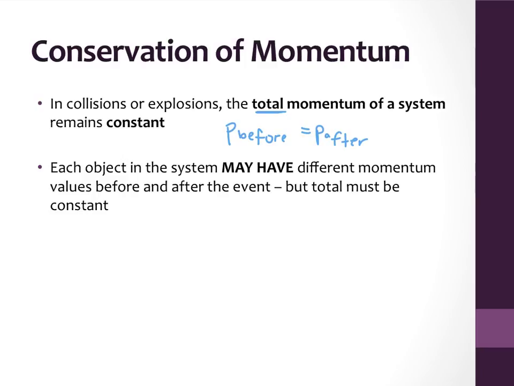So let's say we have two objects, for example. P1 initial plus P2 initial equals P1 final plus P2 final. So object 1 could start out with a momentum of 8, but it went down to 2 after the collision. What's important to note here is that the total momentum has to stay the same.